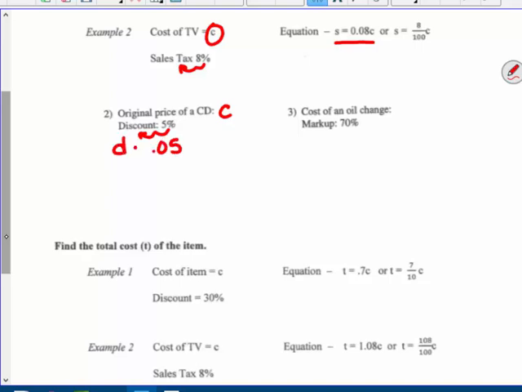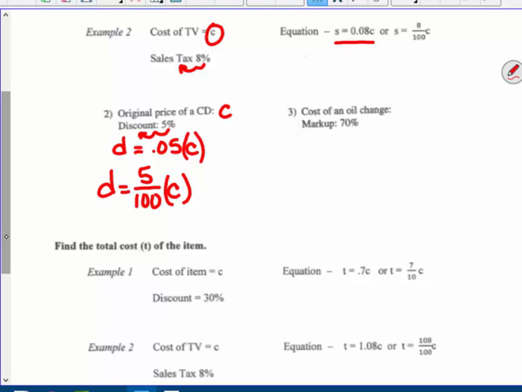So the discount is equal, equation here, to 5/100ths times the cost of the CD, right? So I can put that in parentheses, or I can just put the C after the 5/100ths. Or, as you saw above, I can use 5/100ths times C. So D equals, we're writing an equation.